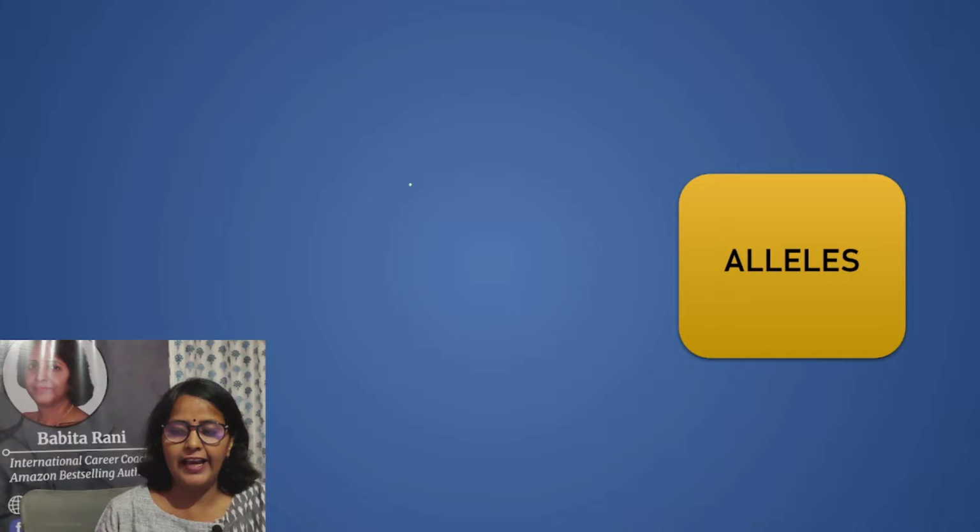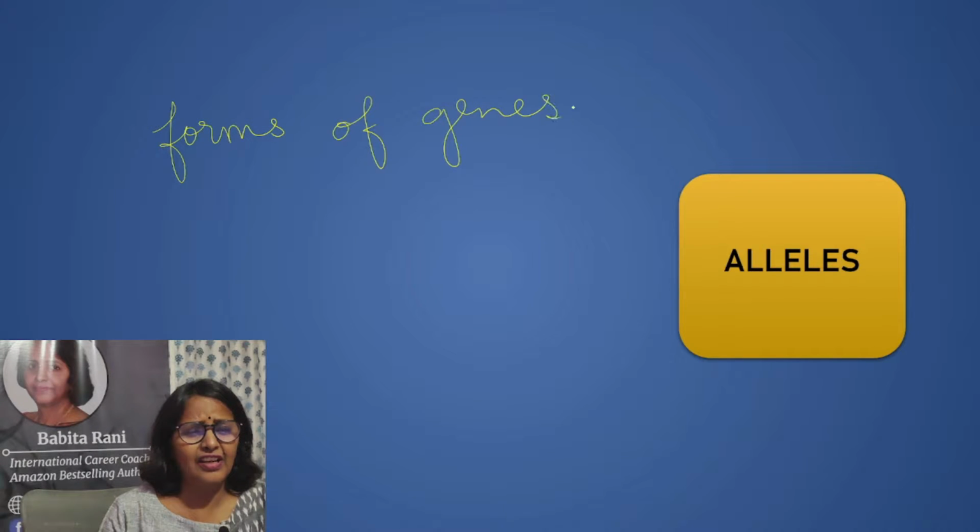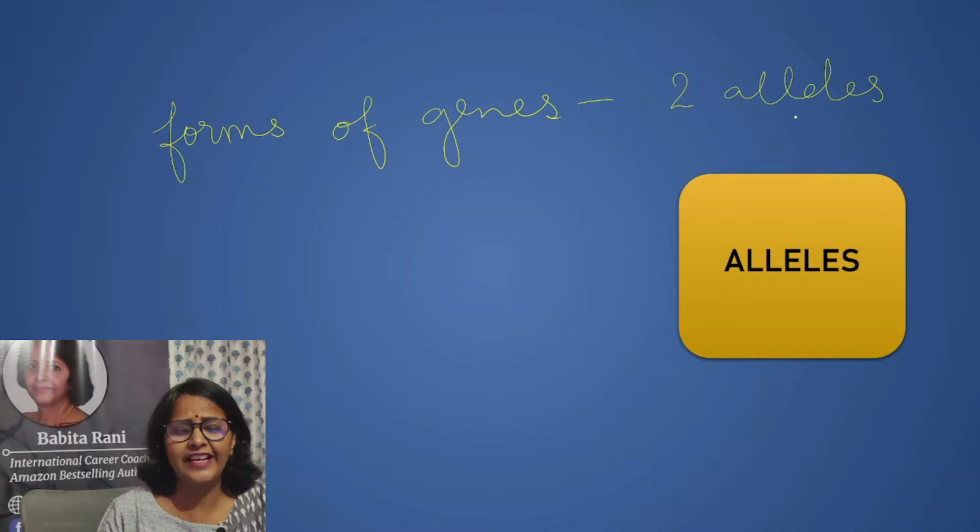Next comes the alleles. What are alleles? These are forms of genes. Generally, in one gene we have two alleles, but it is not necessary that we will always have two alleles.